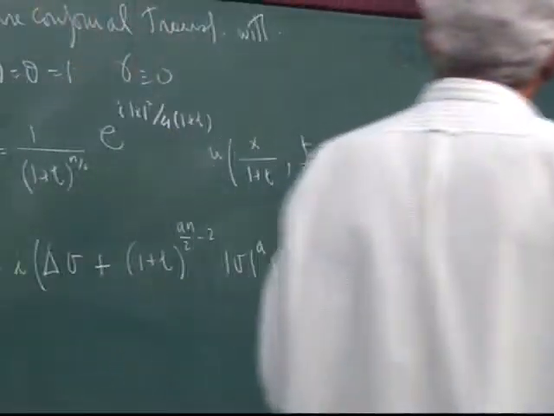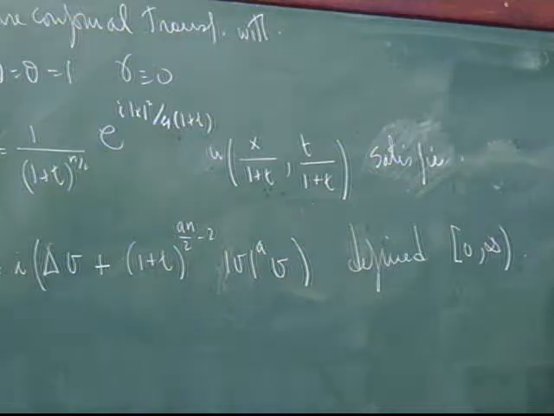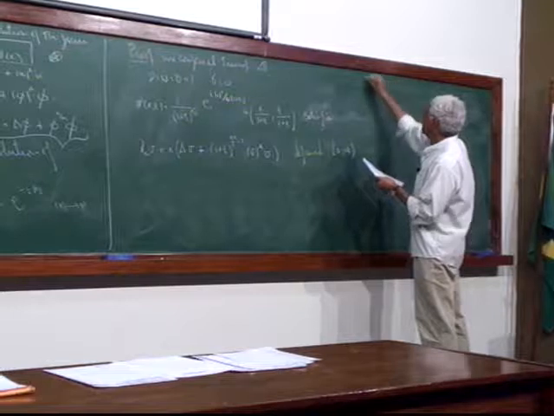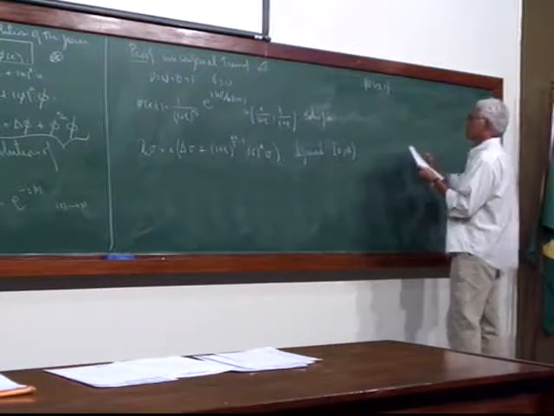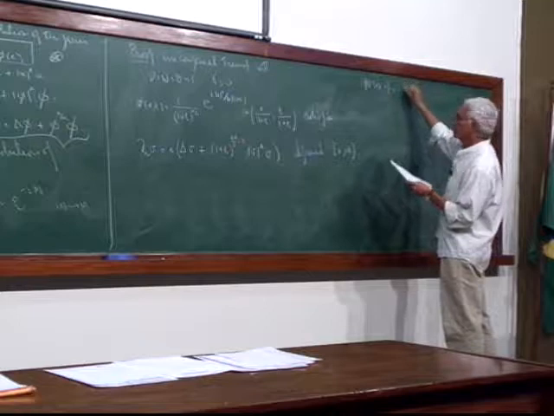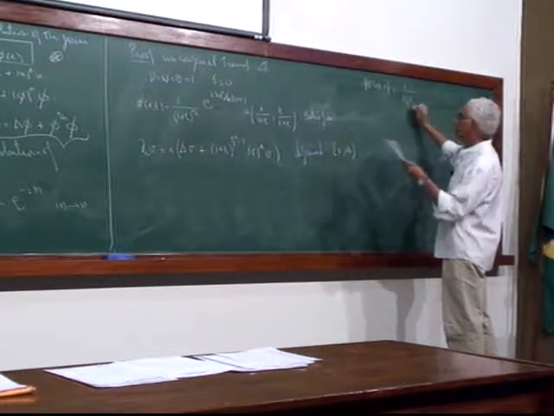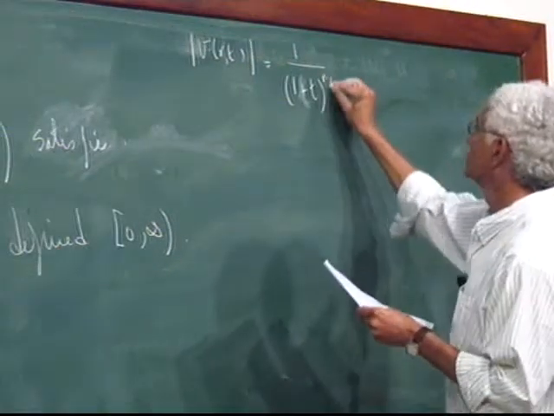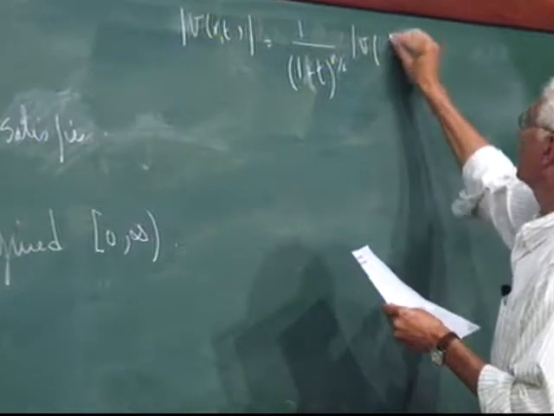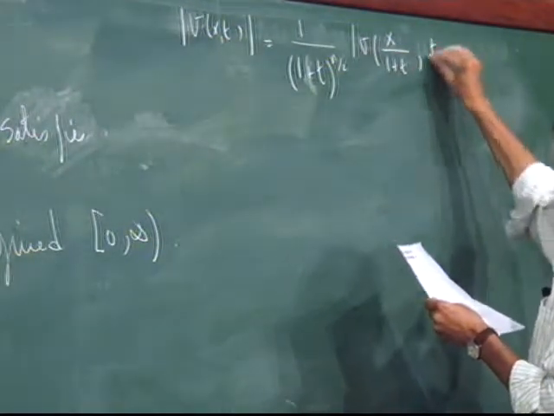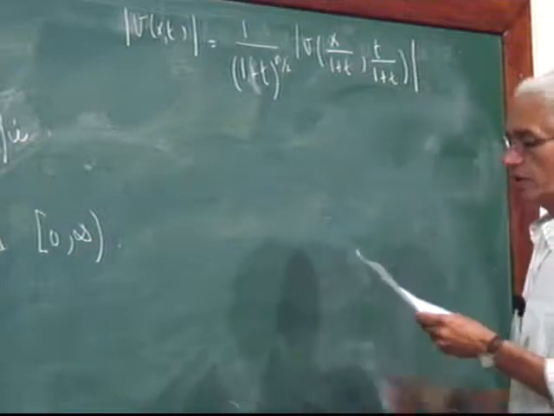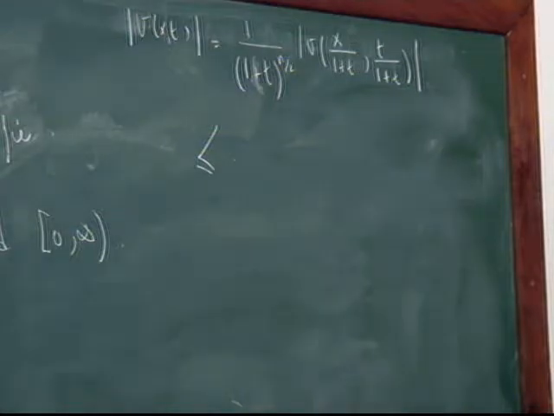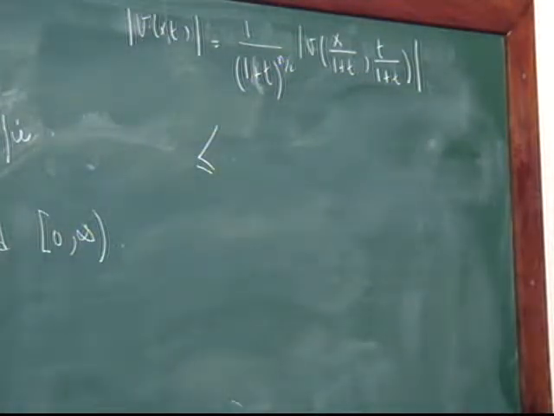Okay. How big is this function b of x, t? It is equal, if you put absolute value, you kill the exponential that bothers you there. You have n over 2, b of x over 1 plus t, t over 1 plus t. According to your definition, this hypothesis is that, I'm sorry, this is u.